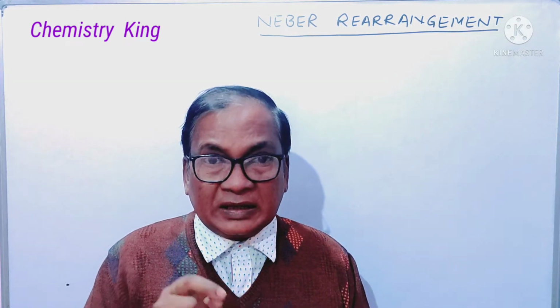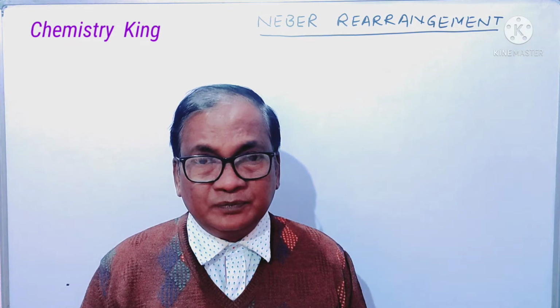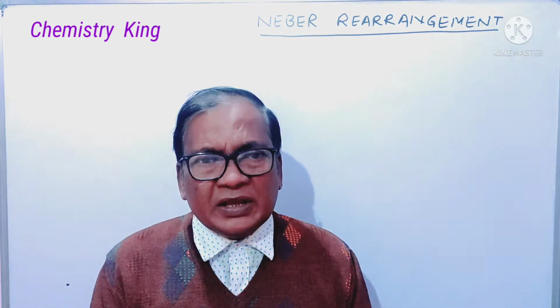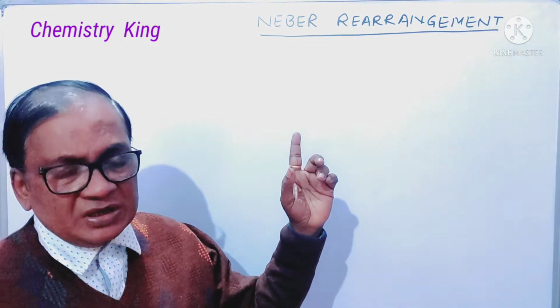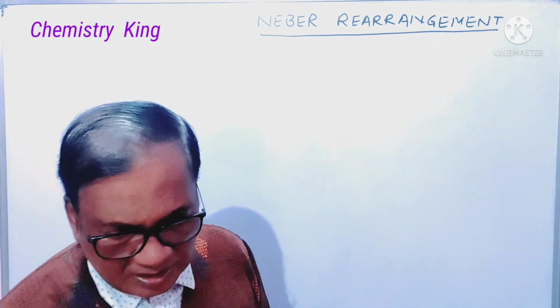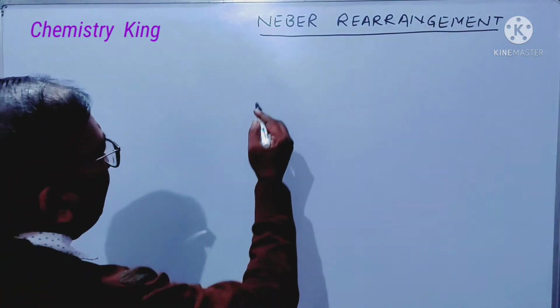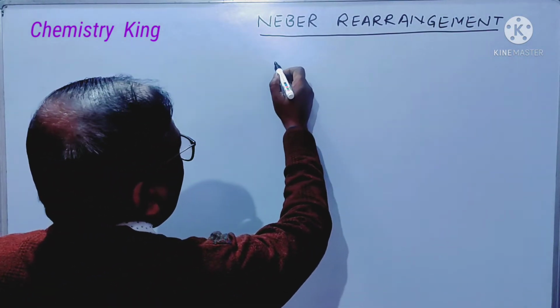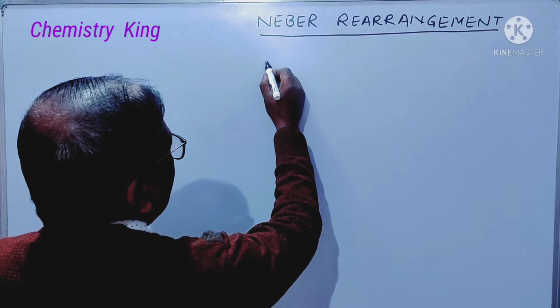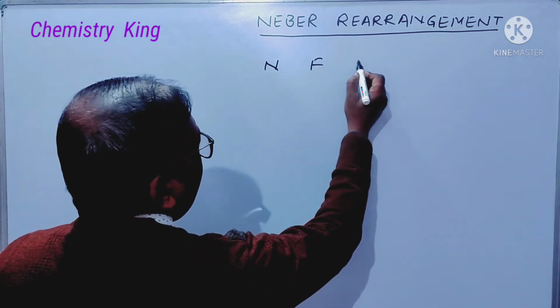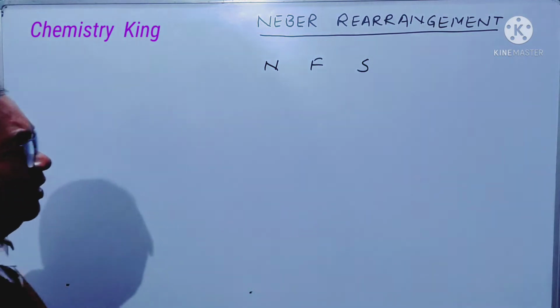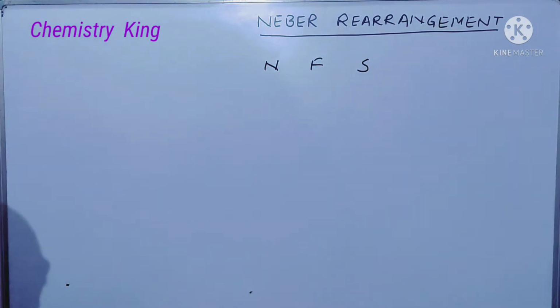Now, from today, I am going to start the rearrangements which involve electron rich carbon, meaning carbanion. There are three such rearrangements. First is neighbor rearrangement. Let us see a trick: Narendra Modi फिर से.